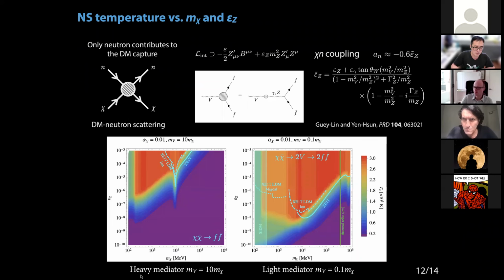In this plot, we assume the new mediator mass is much heavier than the dark matter mass. We also show the direct search bounds with these cyan lines. You can see that in this parameter space, direct search only constrains a very small fraction of the parameter space.